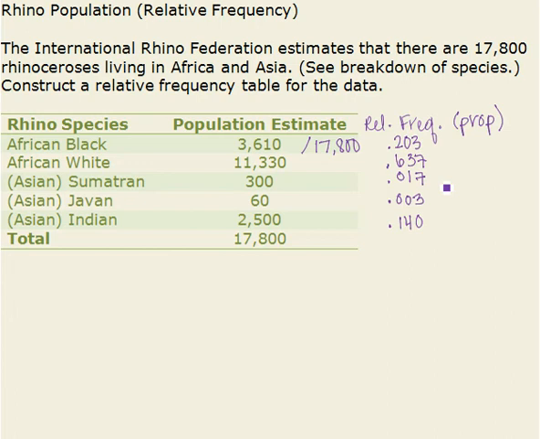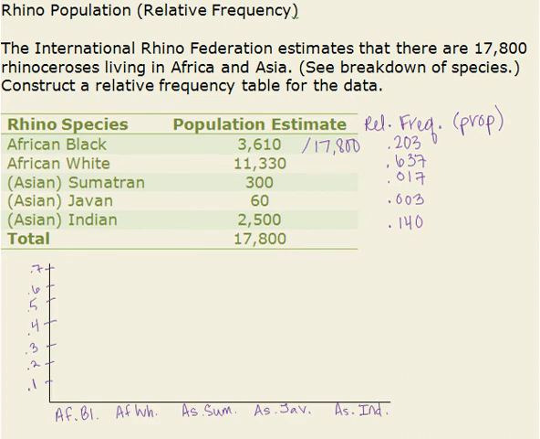Now I need to construct a relative frequency table, and I'm going to start by creating kind of an XY axis or some sort of measurements on each side.